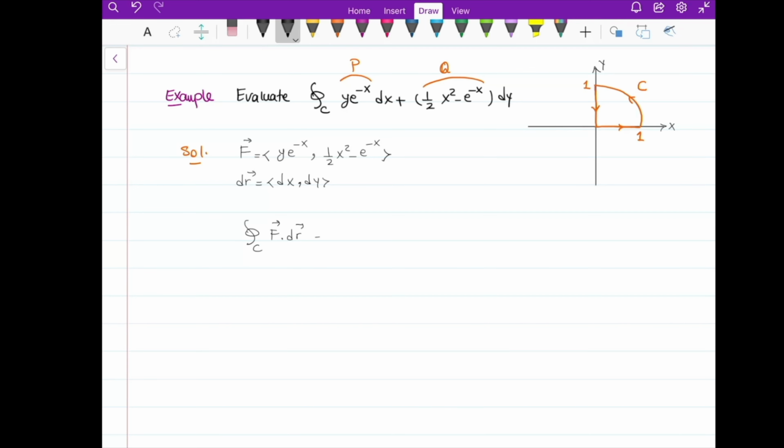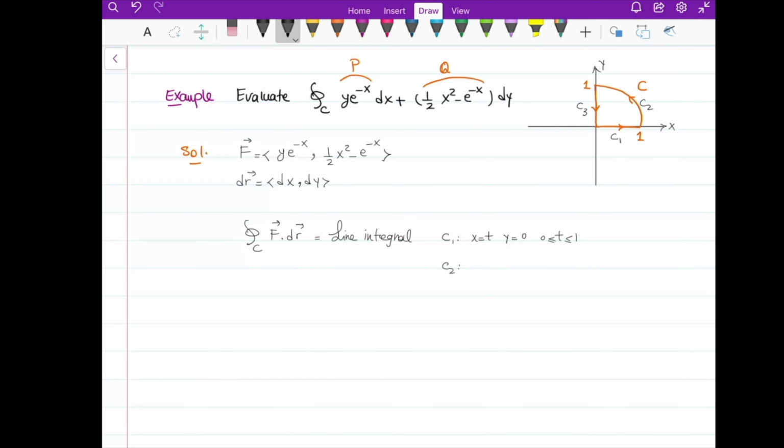Okay, if I want to use just the definition of the line integral, what I need to do is to divide the curve C into 3 curves. C1 is along the x-axis, C2 is along the unit circle, and C3 is along the y-axis. And then I need to parameterize each one of them. For example, C1: x equals t, y equals 0, t between 0 and 1.